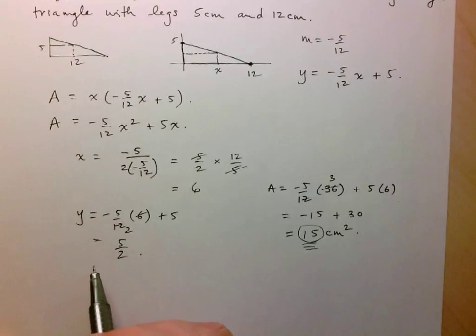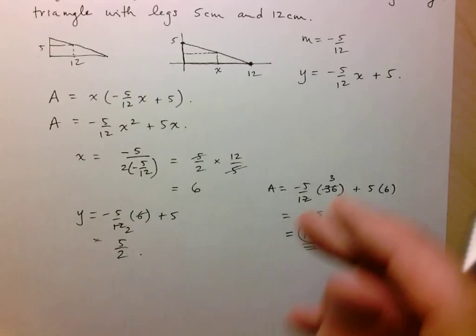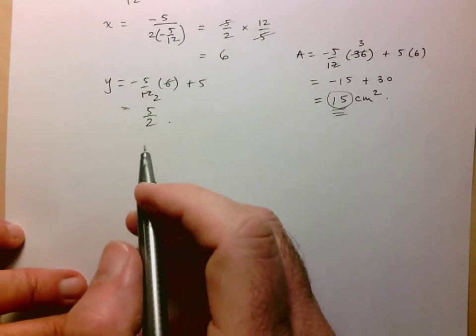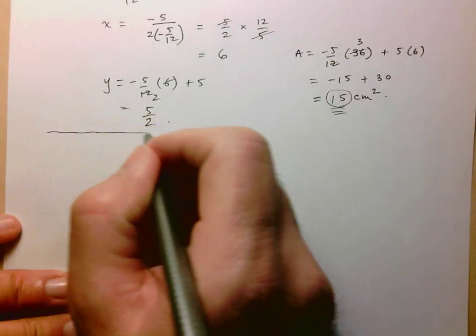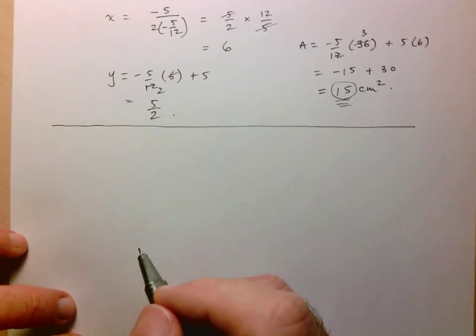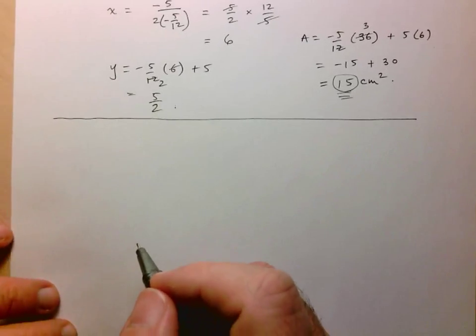So they ask us to redo this for a right triangle that has sides 8 and 15 centimeters. But just to make it a little more interesting, I'm going to redo this problem in a much more general way. Instead of using another specific example, since in part C they're asking me to make a conjecture about these patterns, I might as well see if I can prove the pattern.